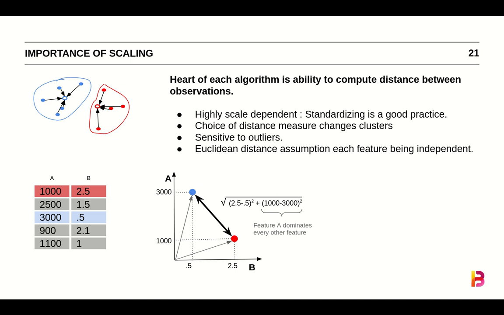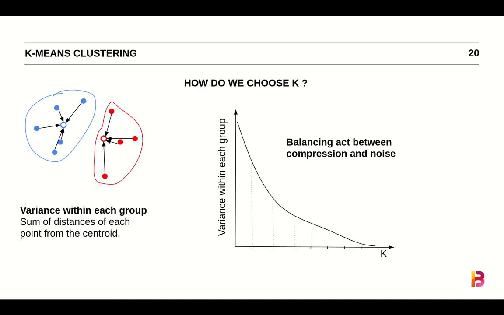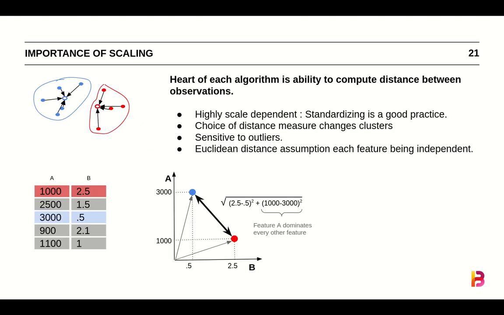Now, having understood both types of clustering, that is centroid-based and connectivity-based clustering, and also having understood the pros and cons of both, I wanted to emphasize certain things which are very important in these types of algorithms.